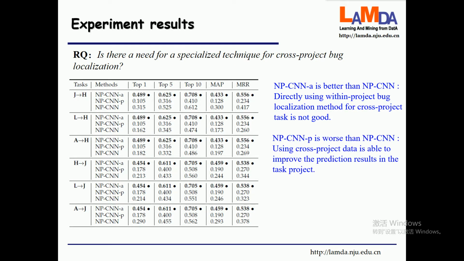NP-CNP is worse than NP-CNN, meaning using cross-project data is able to improve the prediction results in the target project. So in summary, the results show that a specialized technique for cross-project localization is necessary.